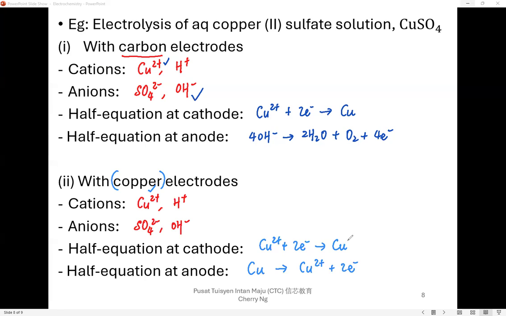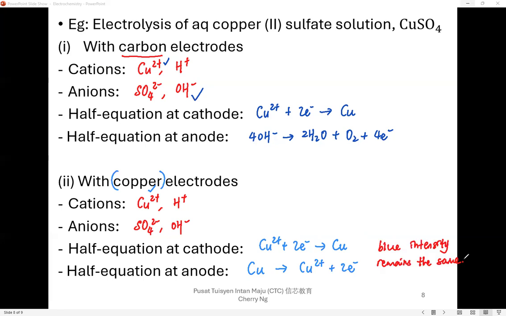At the cathode, a lot of copper 2 plus are discharged and become copper atoms, the metal itself, and at the anode, it's the other way around. For the electrolyte, the amount of copper 2 plus inside remains the same, so at the end, the blue intensity of the solution remains the same.